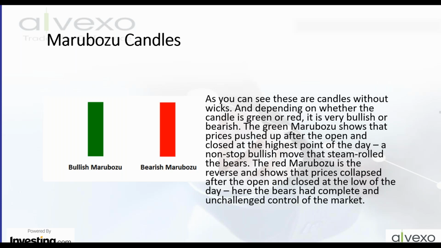If you notice, it has no wicks, no shadows. So what do you see when you see a green or bullish Marubozu? Well, if you understood what I told you when we were looking at the formation of a candle, the wicks are the highs and the lows.